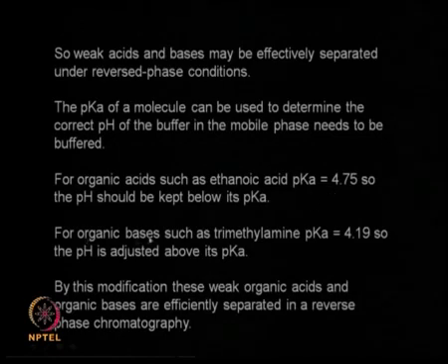For organic bases such as trimethylamine, pKa is 4.19, so the pH is adjusted above its pKa, so we go to a higher pH so that it does not get ionized. So by this modification, these weak organic acids and organic bases are efficiently separated in a reverse phase column.